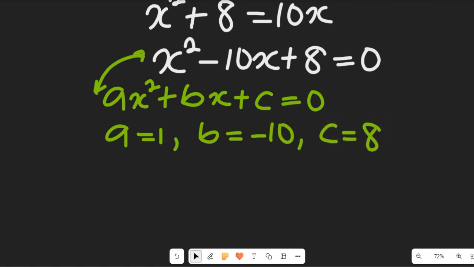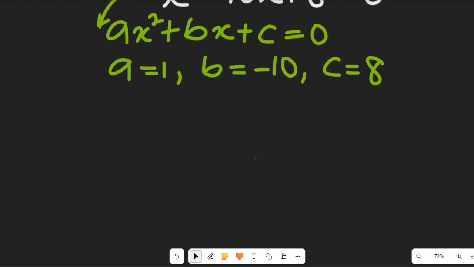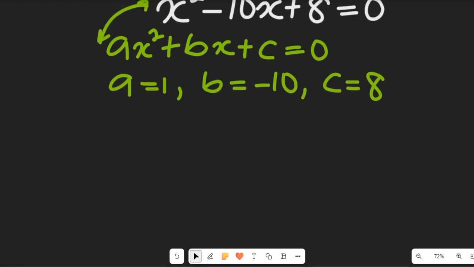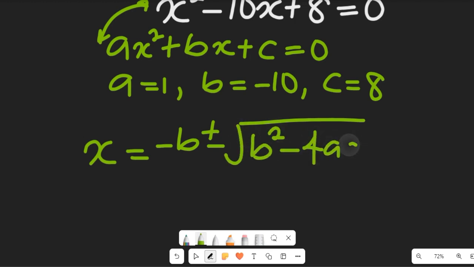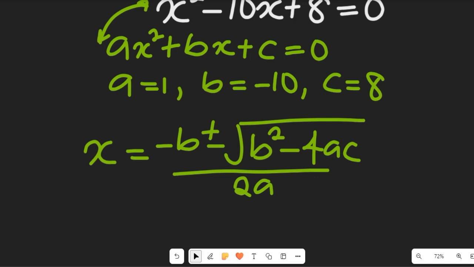So we're going to use the quadratic formula to solve this, to find the value of x. From the quadratic formula, our value of x will be equal to negative b plus or minus the square root of b squared minus 4ac, and this will be divided by 2a, and that is the quadratic formula.